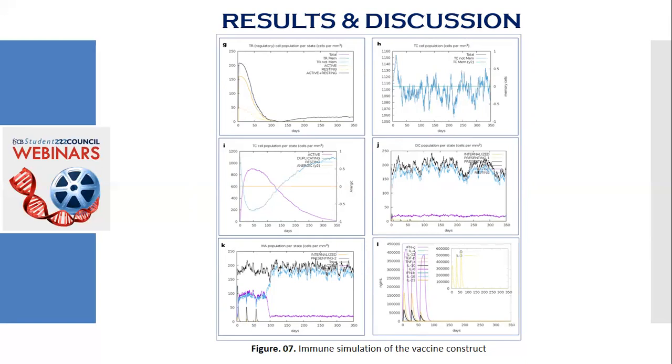K demonstrates the increment in the macrophage population per state over the course. And finally, graph L shows the augmentation in the concentration of different types of cytokines over the course. In the immune simulation, we have observed a gradual increase in all the analyses.